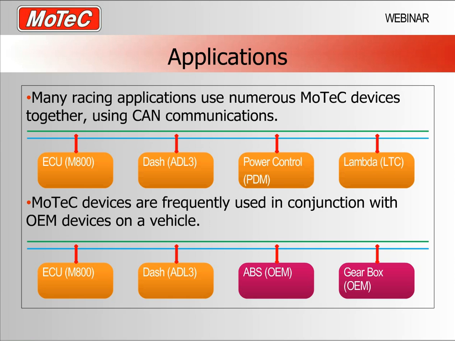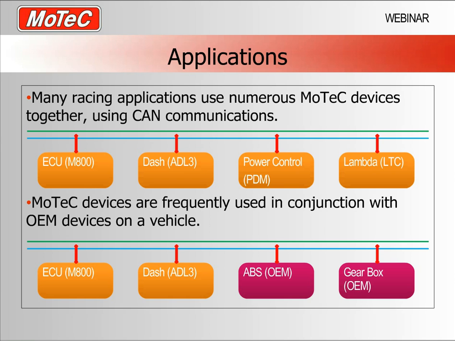We also, of course, use our ECUs and our dashes in particular on a lot of OEM installations, and we also make OEM kits. In this case, we need to interact with the existing CAN systems on these devices, and typically they may have things like an ABS system or gearbox systems. There are many others as well, including dashboards and controllers and things like that.